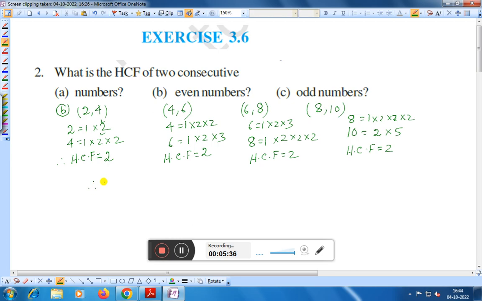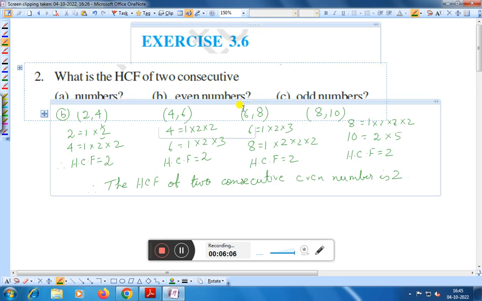Therefore, the answer is the HCF of two consecutive even numbers is 2.